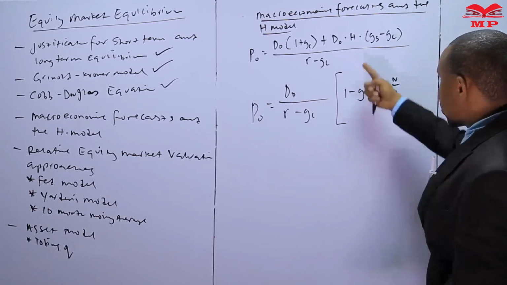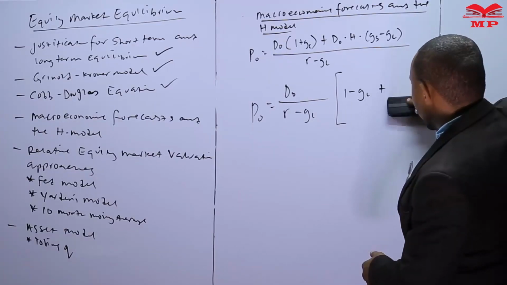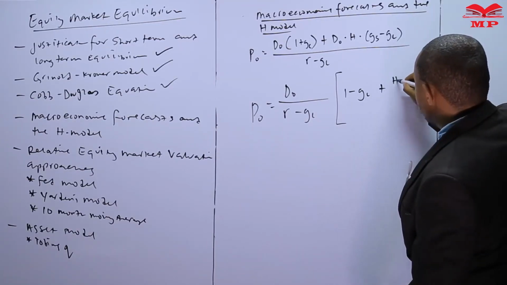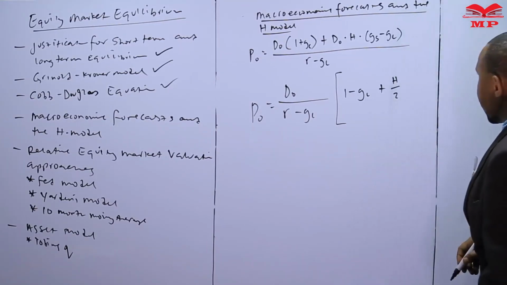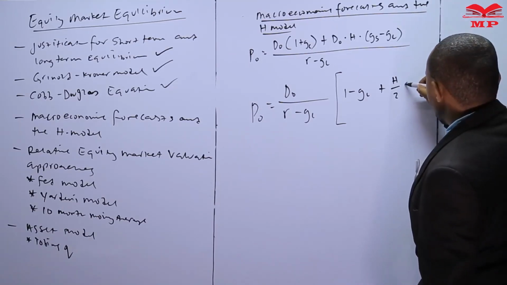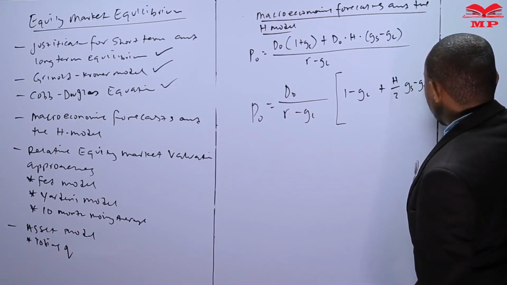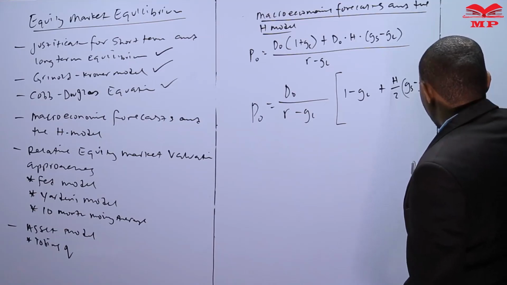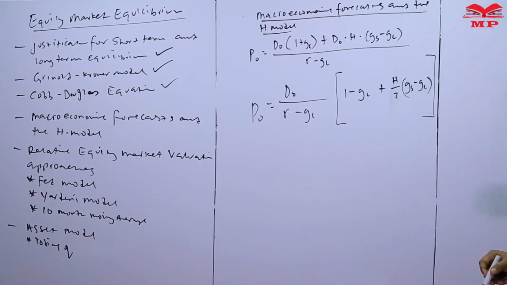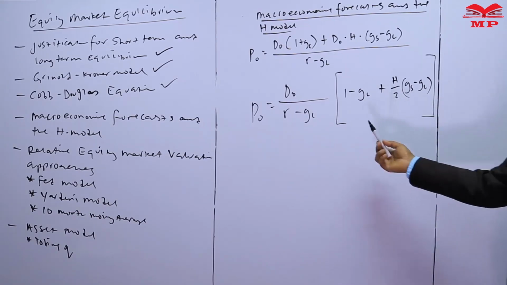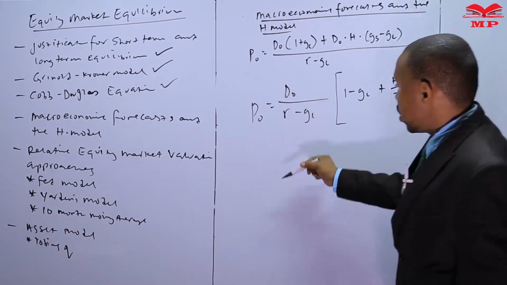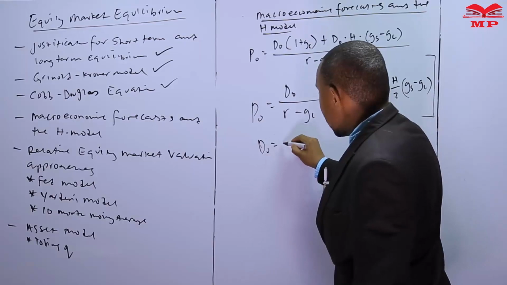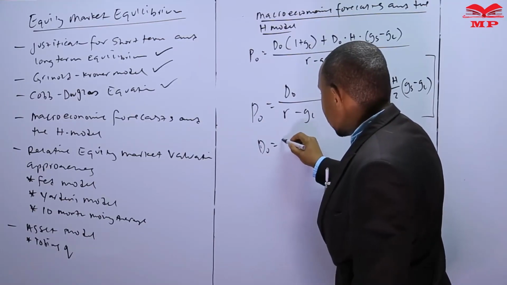For consistency, let's explain it in terms of H, so it's H over 2, then the difference between the growth rate in the short term minus the growth rate in the long term. That is how you compute the price of the equity index based on the H model.